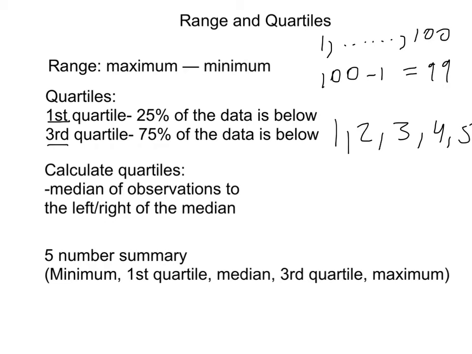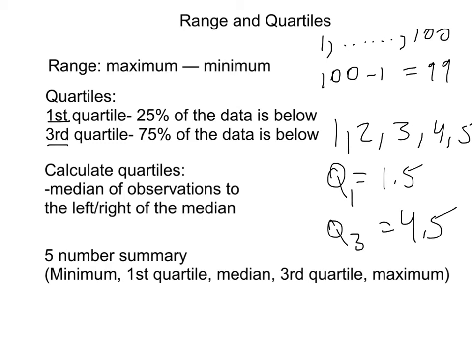We're going to see at what point is 25% of the data below. You can calculate it, put it in your calculator, and you'll see that Q1 equals 1.5 and Q3 equals 4.5.